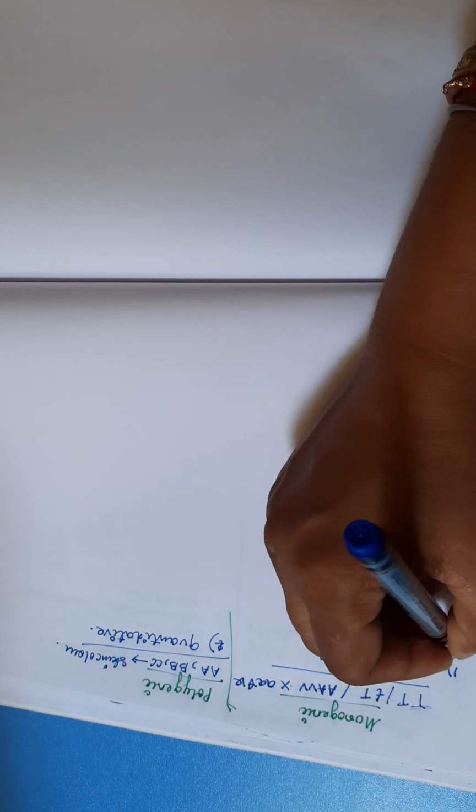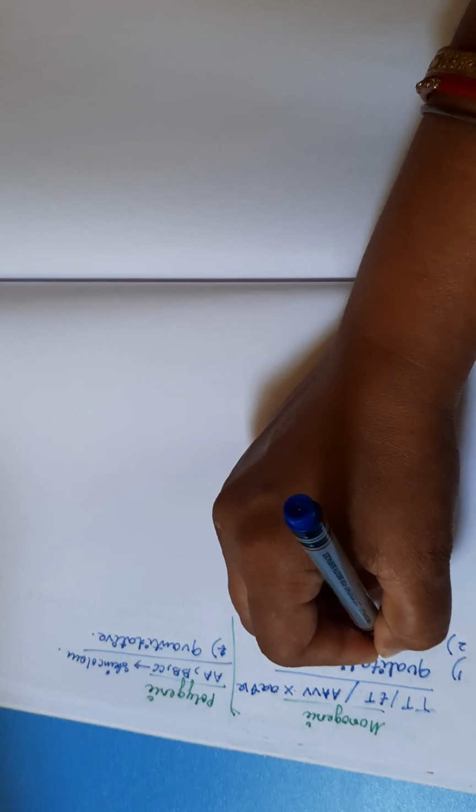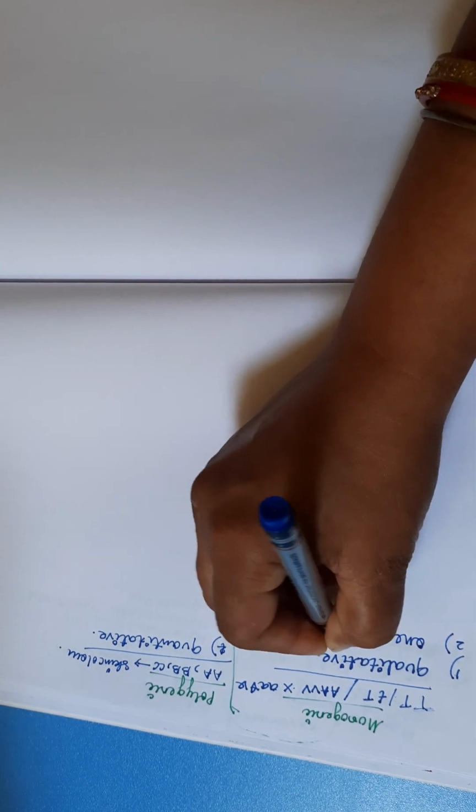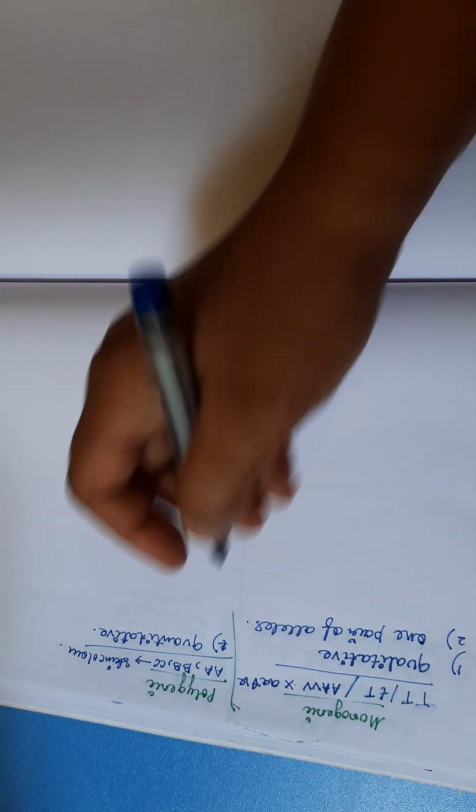Second point, as I have written over here, monogenic traits are generally controlled by one pair of alleles, like capital T, small t. Capital T or small t will be sufficient for expression of the phenotype.